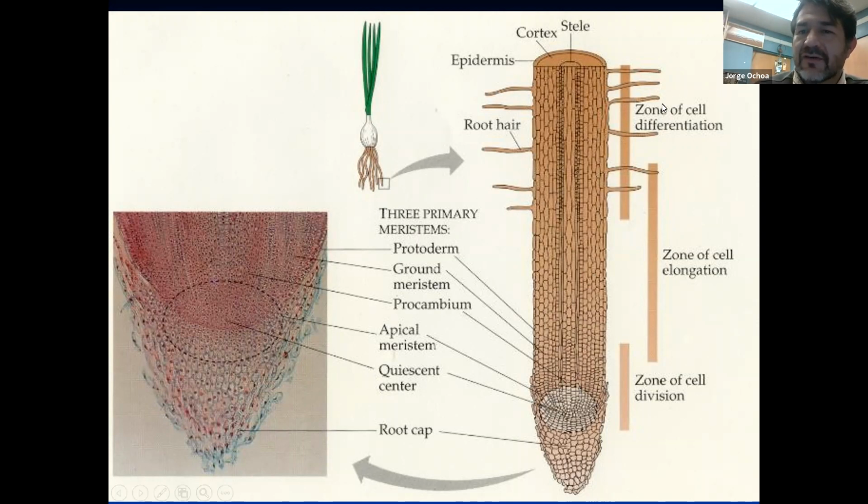And then eventually they're going to go into a zone of differentiation where they're going to then be part of whatever happens to be the need. It could be some root hairs for absorption. It could be the vascular system, or it could be just the dermis or the skin of the plant. So exactly the same zones you have inside the tips of the roots as you have on the tips of the stems.